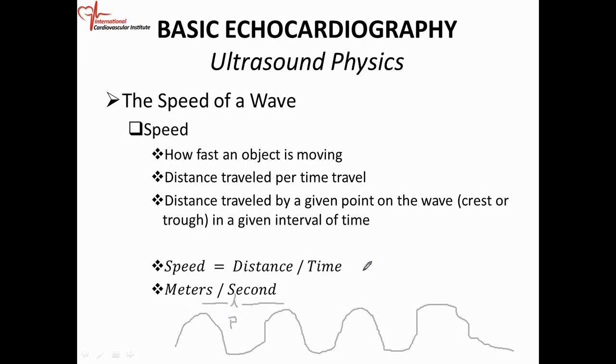So remember the definition for speed, which is the same. So this is S. So speed is equal to distance. So the distance there is lambda. All right, let me just write it. Speed is equal to distance per unit time.